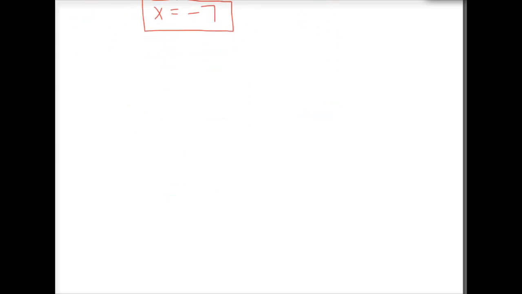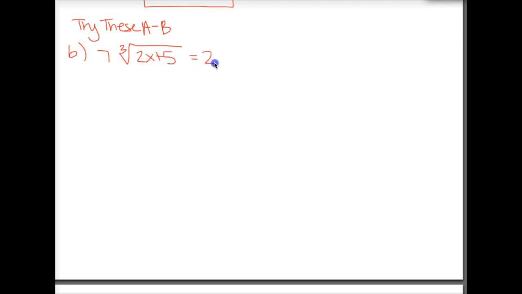I would like for you to try 2 problems on your own. You're going to do the Try These A B part B, which is 7 times the cube root of 2x plus 5 equals 21. And then you're going to do the CYU part 1A, which is cube root of x minus 1 equals 5.